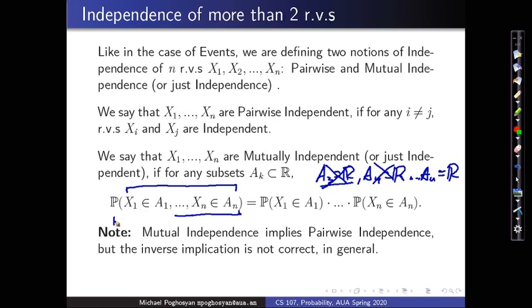So I will have just the probability that x1 is in A1 and x2 is in A2.